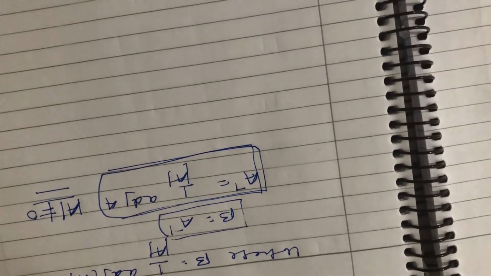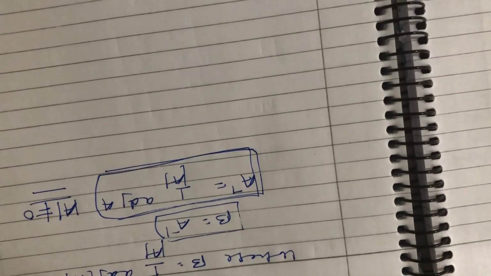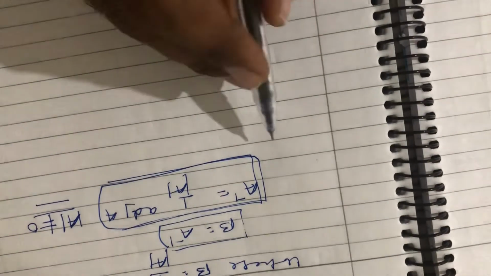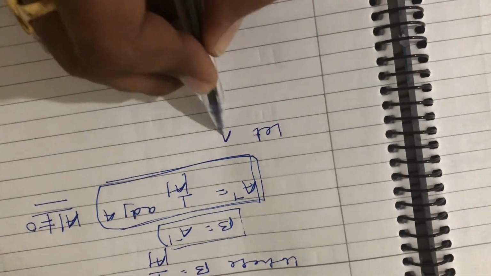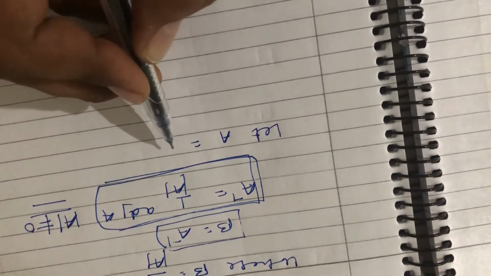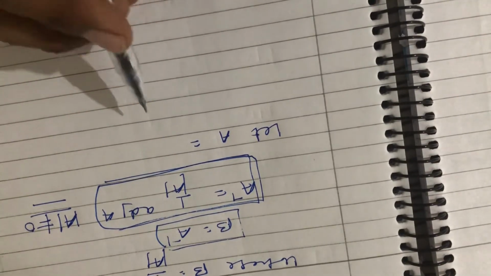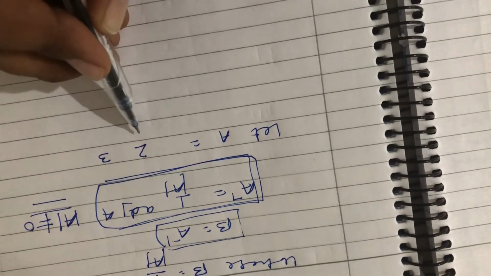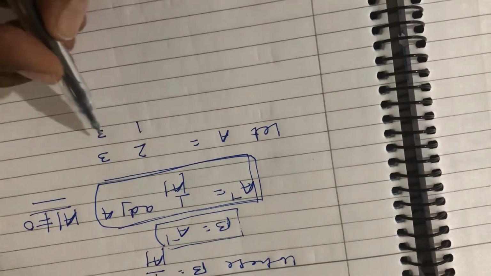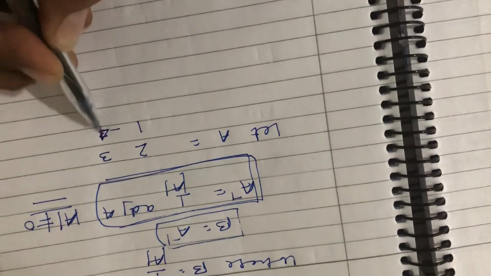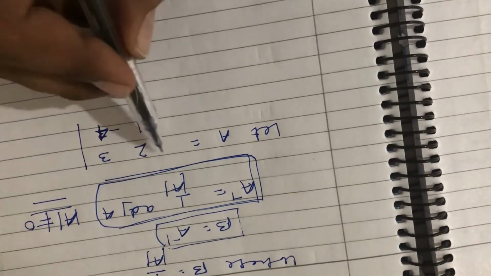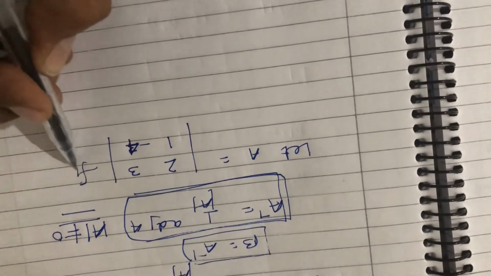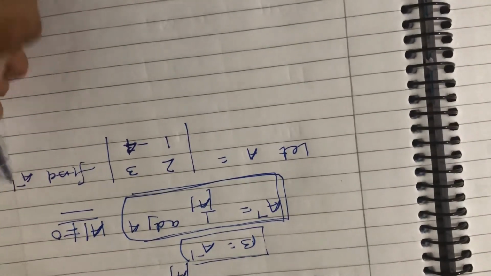How do we find the inverse of a given matrix? First we need to find its determinant. Suppose we have the matrix A with rows 2, 3 and 1, minus 4. We want to find its A inverse.